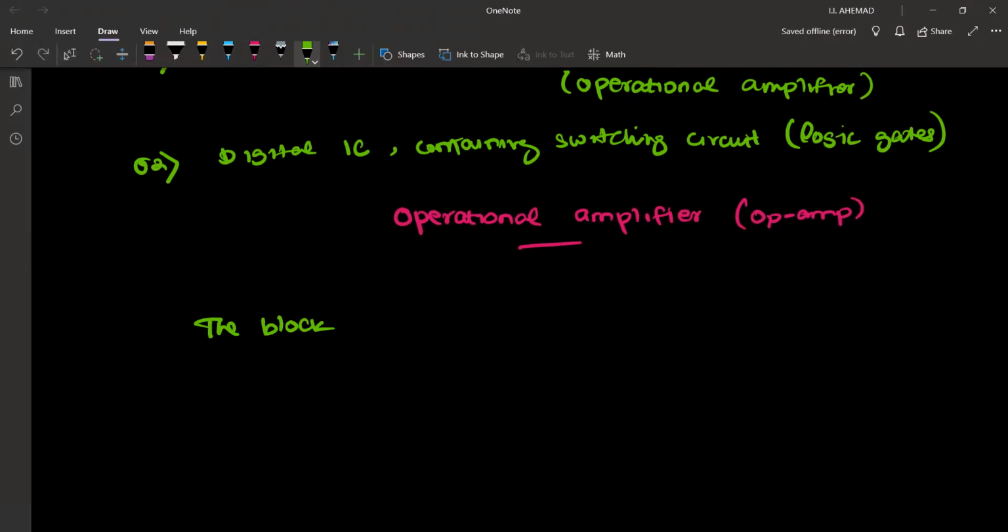The block diagram of an op amp is as follows.